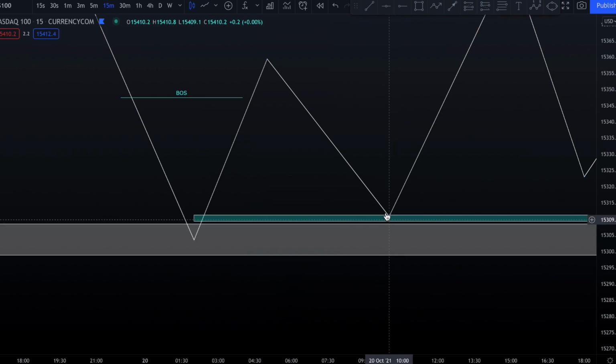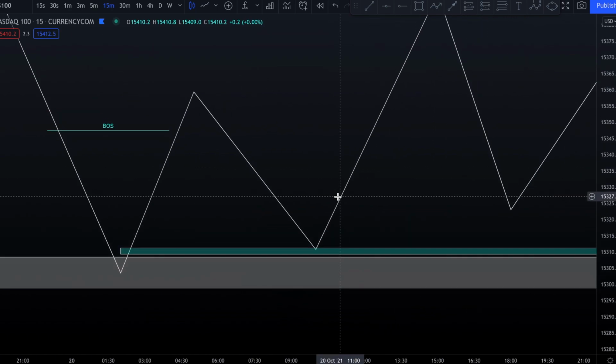Okay, this would be called the risk entry, meaning you may want to risk a quarter of what you normally risk. If you're risking 10%, then you would rather risk maybe like 2.5%. But if you're risking a normal amount like 1%, then look to risk 0.25% on this trade, right?